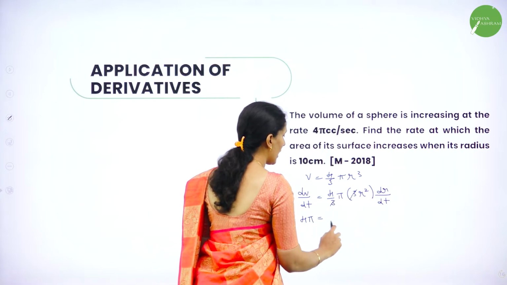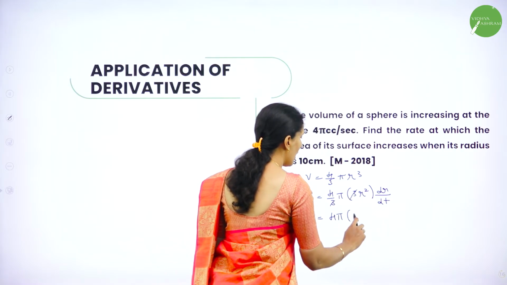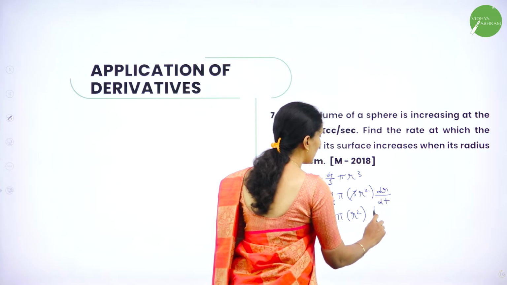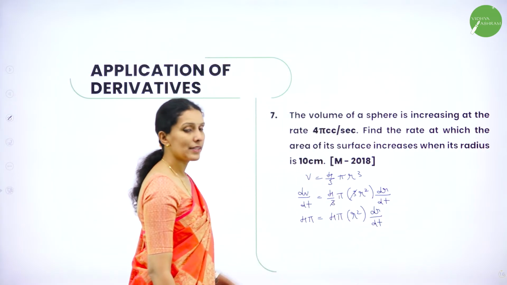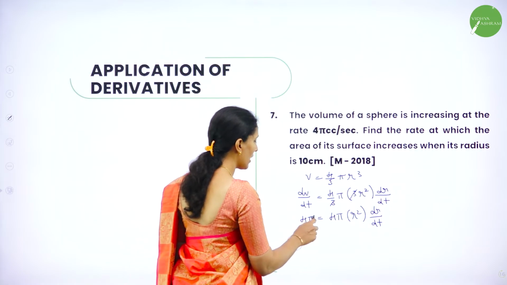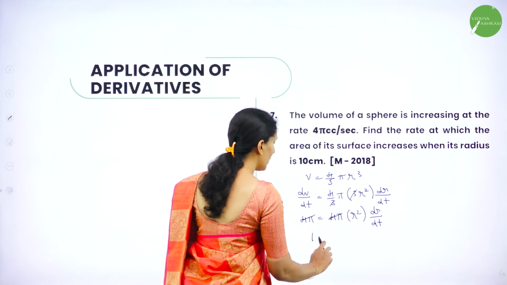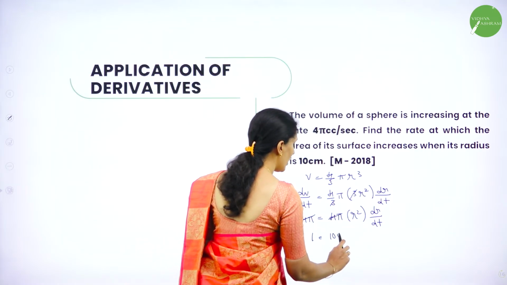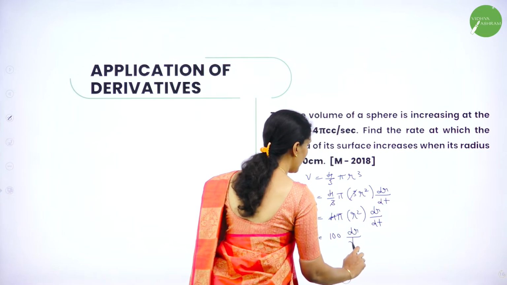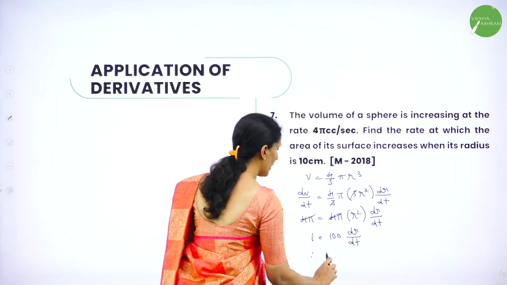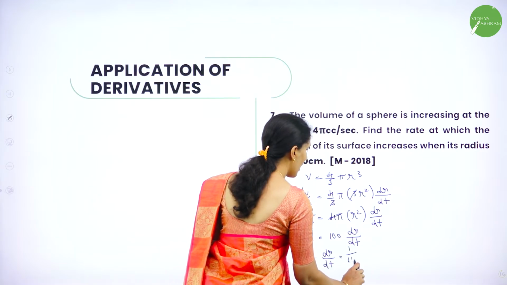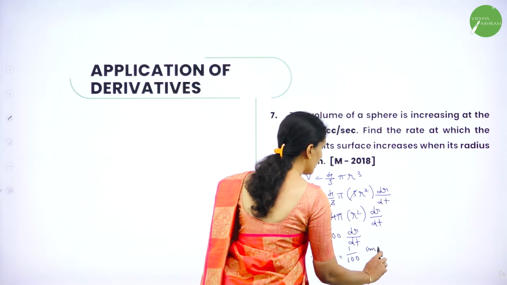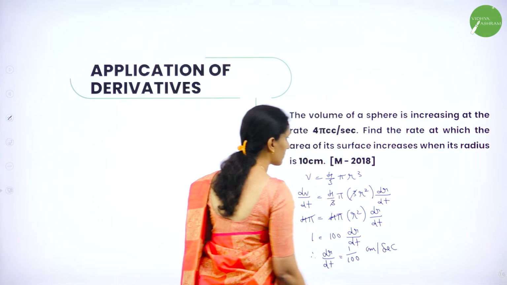Here 3 gets cancelled, 4 pi r square dr by dt. The radius is given, that is 10 square. We can cancel 4 pi. We will get 10 square is 100 into dr by dt. So therefore I will get dr by dt equal to 1 by 100 centimeter per second.